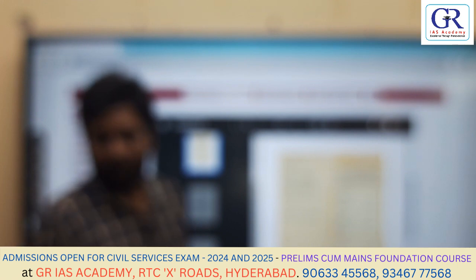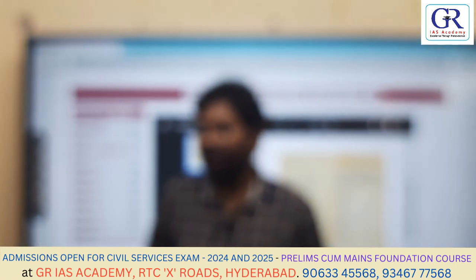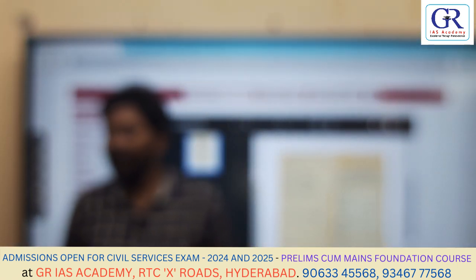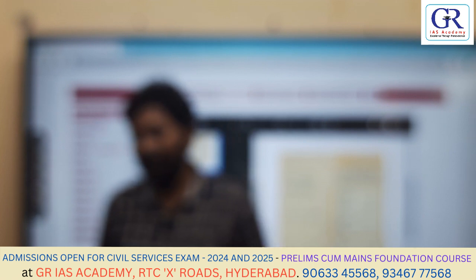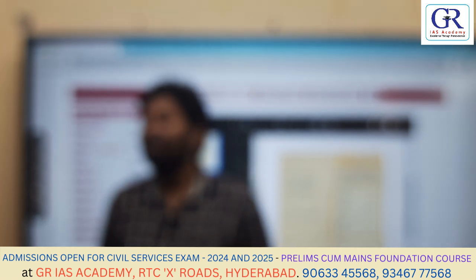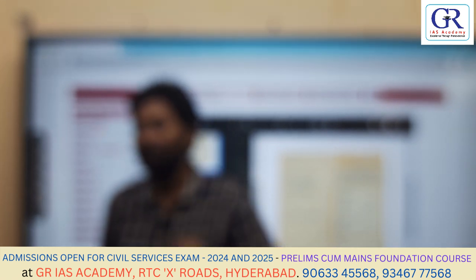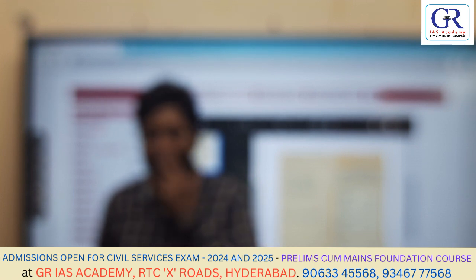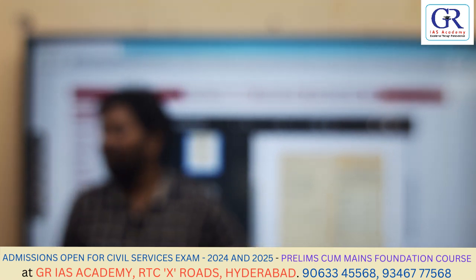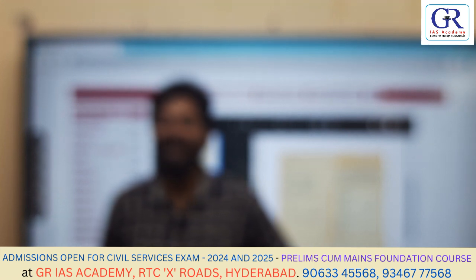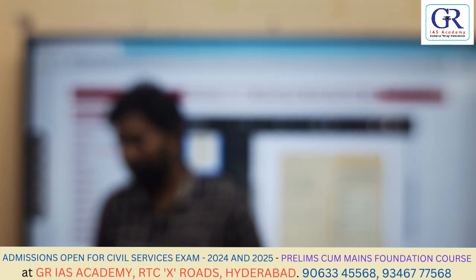PRS for polity, PIB for geography, current affairs, economy and international relations. PIB, the Press Information Bureau, is the official source for the question paper setting.